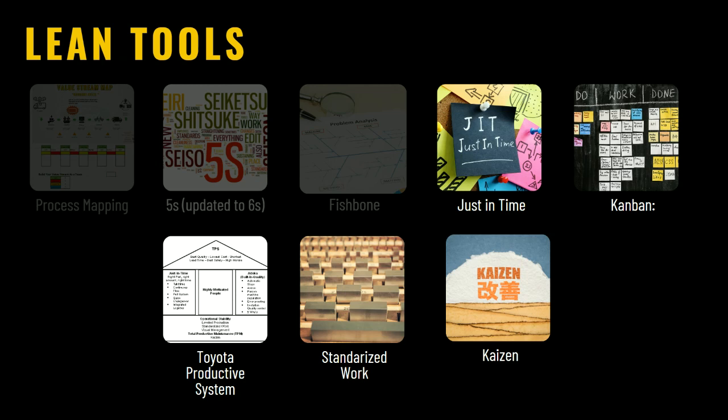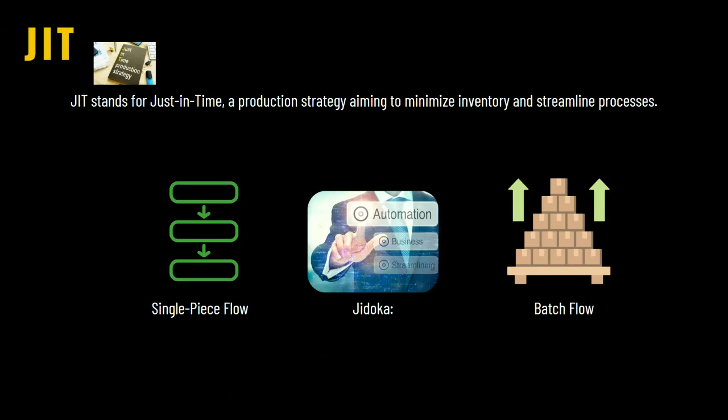Just-in-time manufacturing, or just-in-time processes, is a production strategy aiming to minimize inventory and streamline processes. We look from single piece flow operation to Jidoka, which is balancing it through automation and creating a batch flow process.